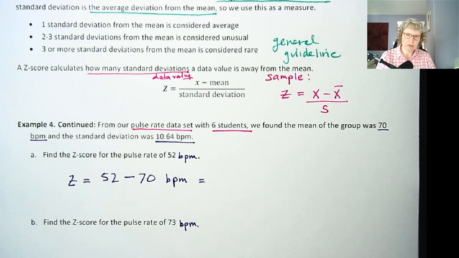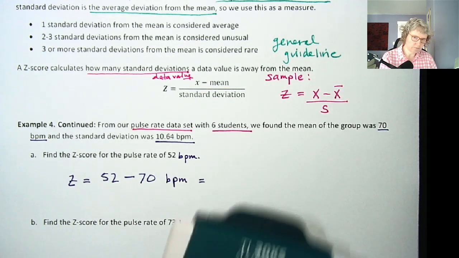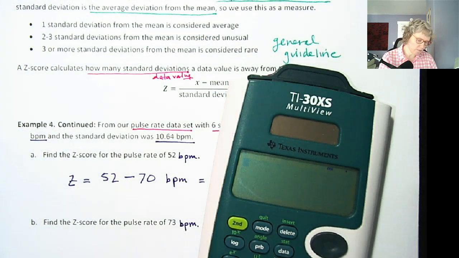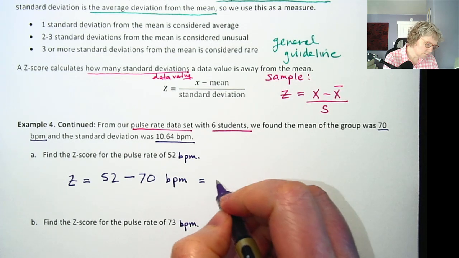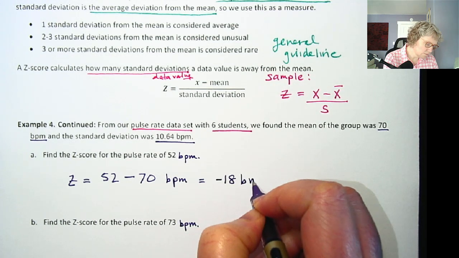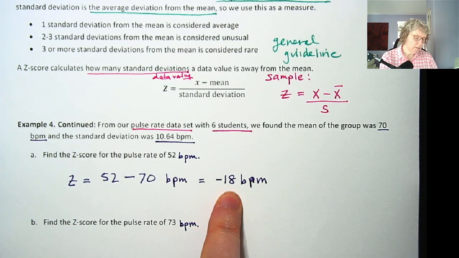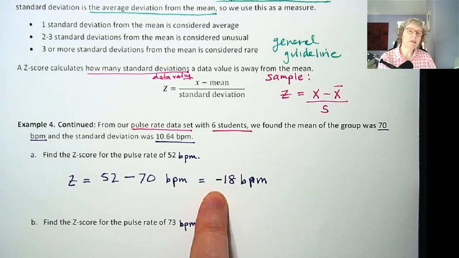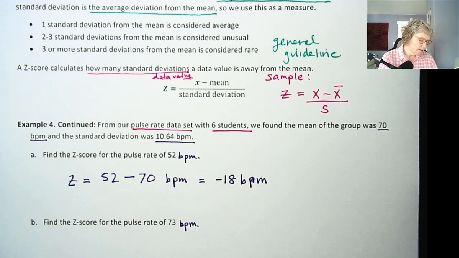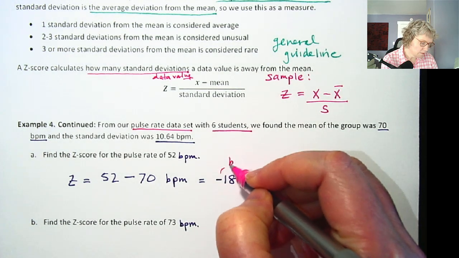Let me just do this part first. 52 minus 70 is negative 18 beats per minute. Okay, so that's telling us that this person was 18 beats per minute away from the mean, and they were below the mean. That's what the negative sign means, below the mean.